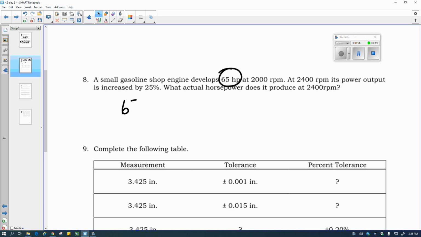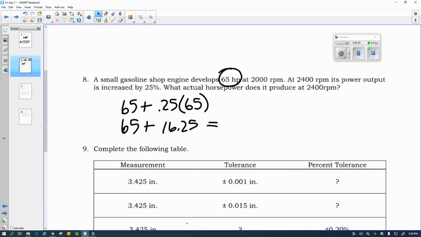So I do 65 plus 25% of 65. So it's what I started with and then plus my increase. So it's going to increase by 25%, but I still have to keep the initial there. So it's 65 times 0.25. I would do 65 plus the increase of 16.25.